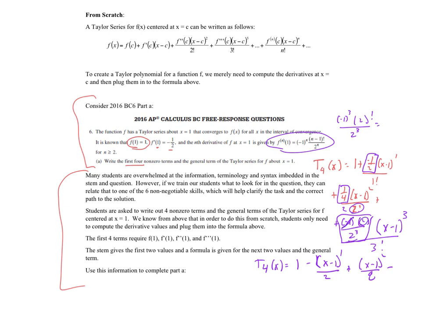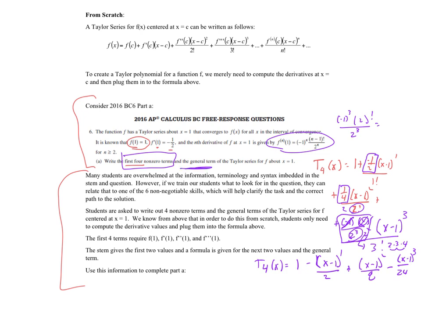I've got 2 over 2 cubed. Those would simplify. So this is really a denominator of 4, which is going to kick down over here. So I've got 2 times 3 times 4. So then that's 6, that's 24. So then I've got my 24 times x minus 1 cubed. Okay, so they want the first 4 terms. Okay, so that's what I have.